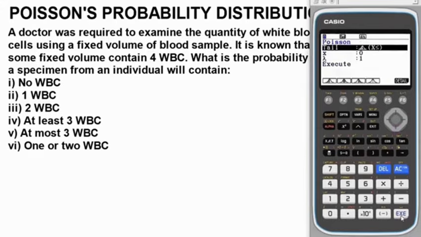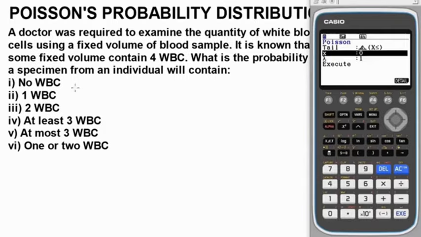Okay, now this place is critical, guys. When you misplace any value here, you're going to get the entire solution wrong. So pay attention. Now for this question, our x value will be the respective parameter we have to find: when there is no white blood cell, when there is 1 white blood cell, when there are 2 white blood cells, when there are at least 3 white blood cells, and the rest of them.